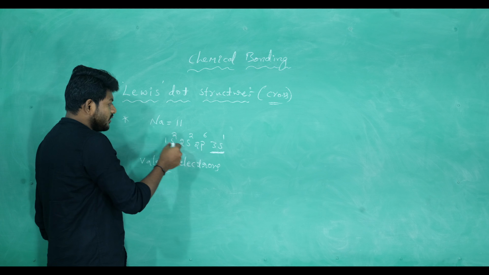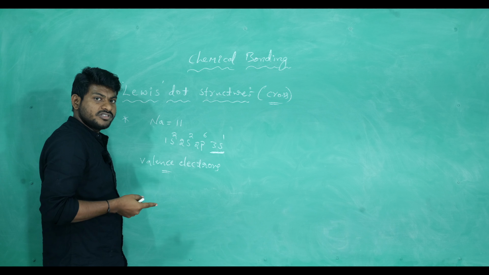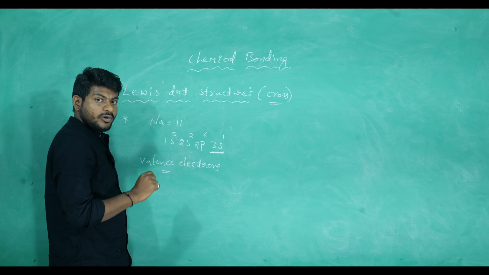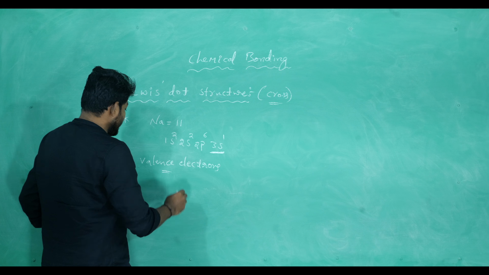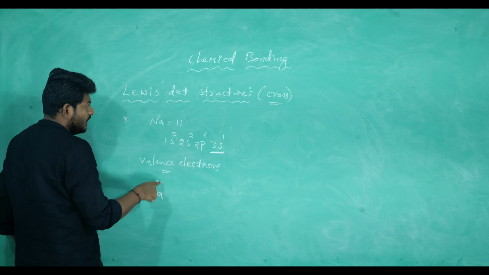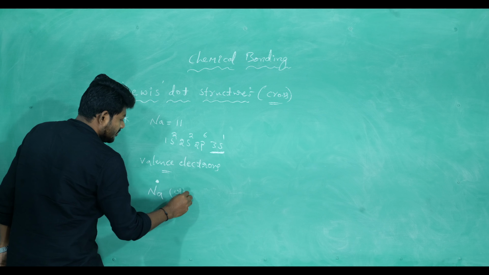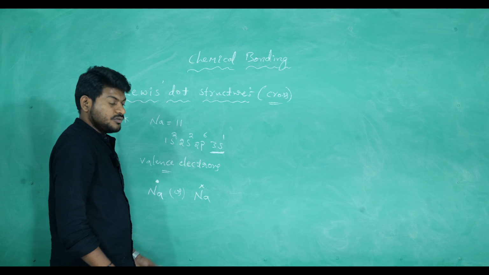Sodium contains only one electron in its valence shell, so we represent that one dot on the element like this, Na dot. This is the Lewis dot representation, or with a cross symbol, Na cross. We can use both.